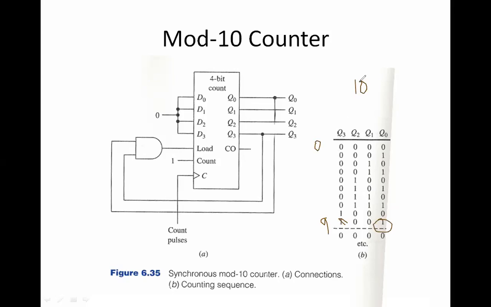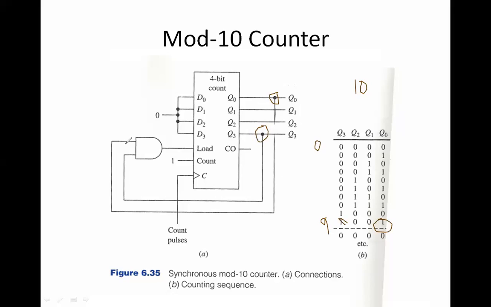Nothing, right? So after 9, I want 0. Just like how we discussed previously, I'm creating a cyclic repetition. So 9 means Q3 is high, Q0 is high. So I am taking one wire from Q0, and from Q3 also I'm taking a wire.